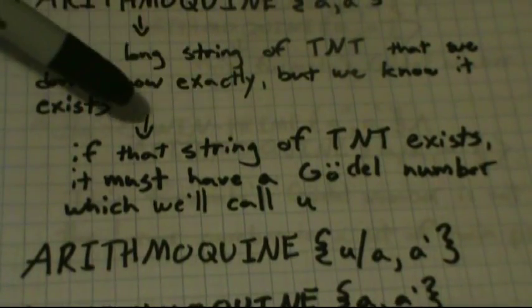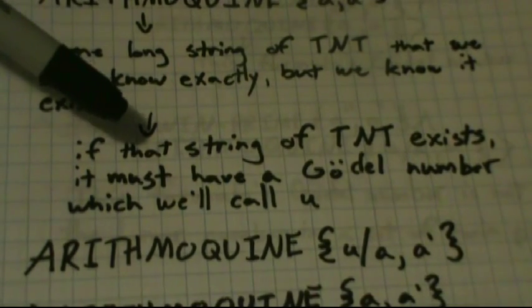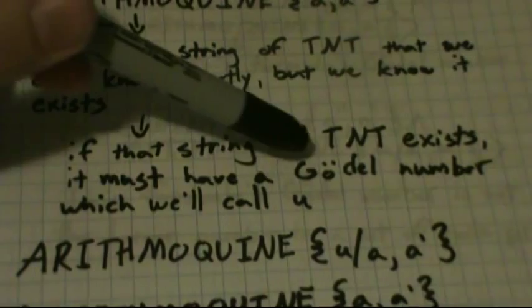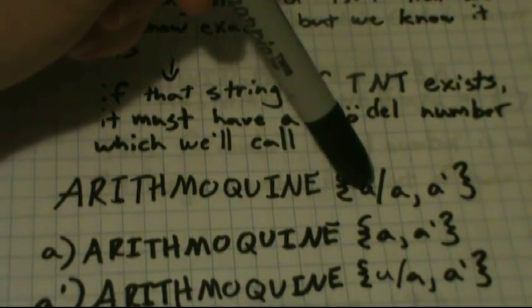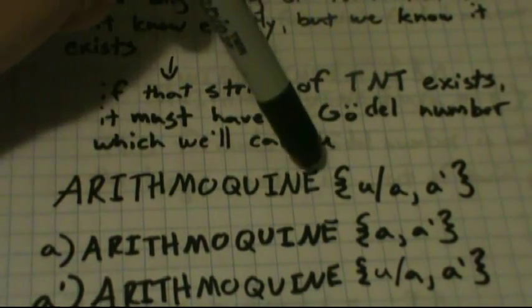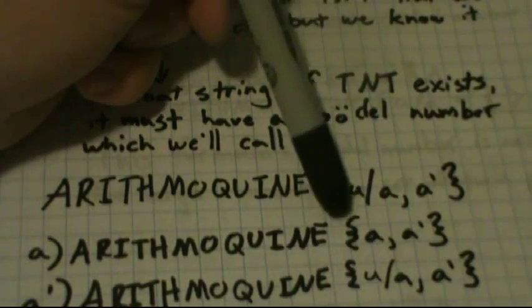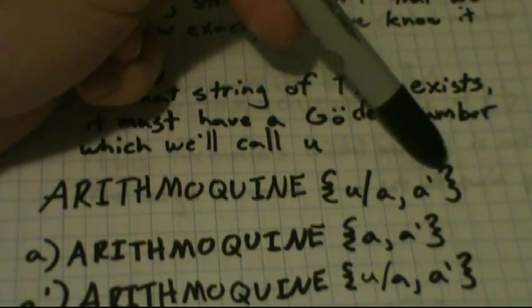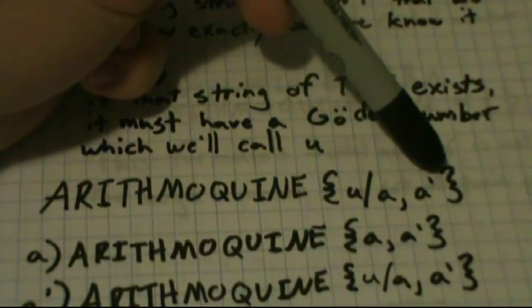All strings of TNT that exist have a Gödel number, or just a way to write the symbols down using those numbers that we decided instead of the symbols. And we'll call whatever number that is u. And if it's a number, we can put u s's in front of a 0 and put it within this formula. Using this for a, there's going to be one number a prime that satisfies this relationship that we're claiming.